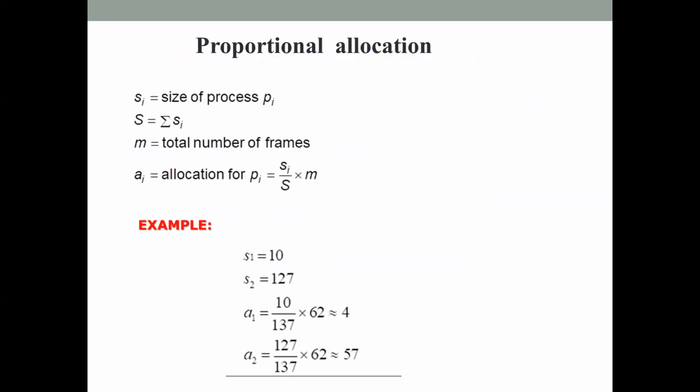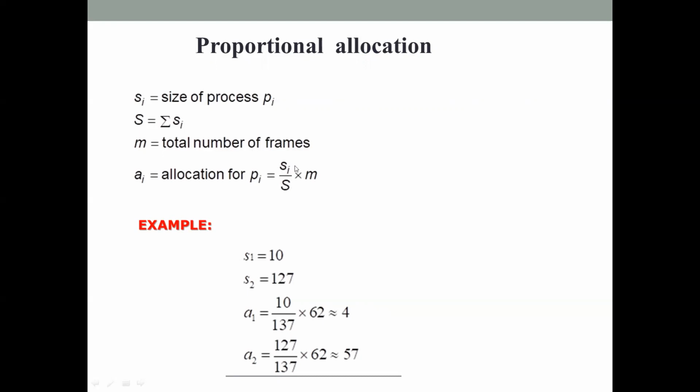So in order to avoid that, we go in for the next type of frame allocation strategy called proportional allocation. In proportional allocation, we make use of a formula like this. The number of frames allocated for each process Pi is equal to Si divided by S into M. Now, what is the meaning of Si?